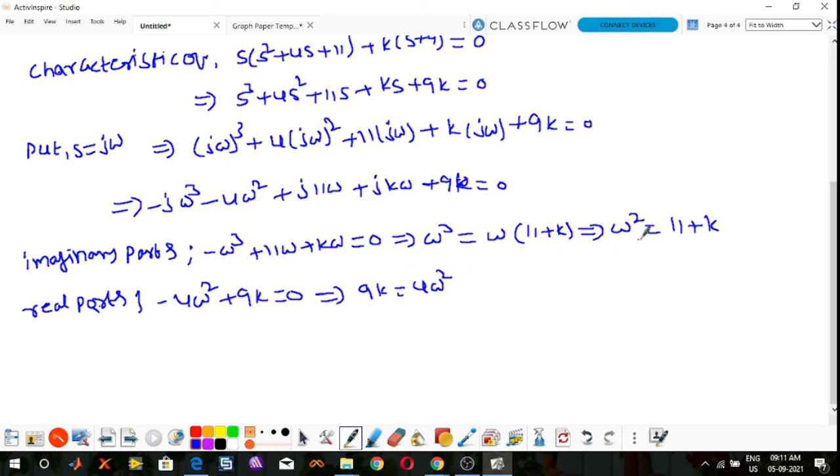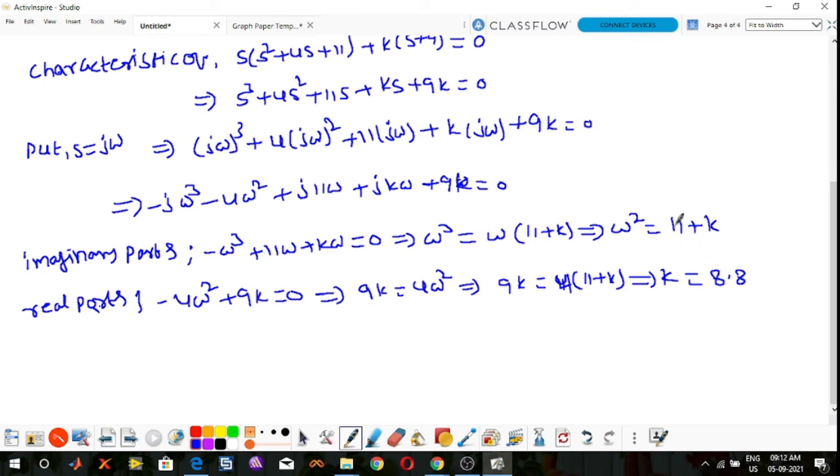But omega square is equal to 11 plus K, so substitute this omega square value into this equation. 9K is equal to 4 into 11 plus K, and simplifying, we get the value of K as 44 divided by 5, that is 8.8.